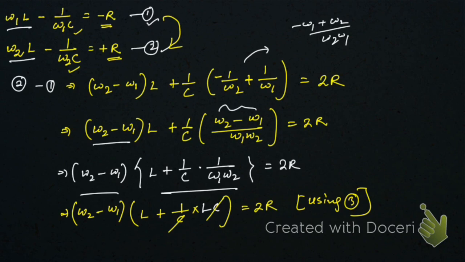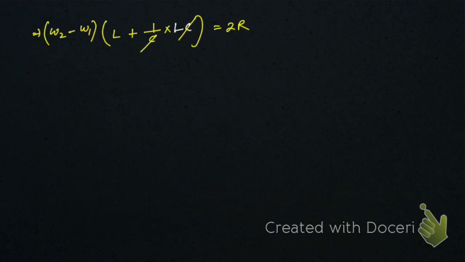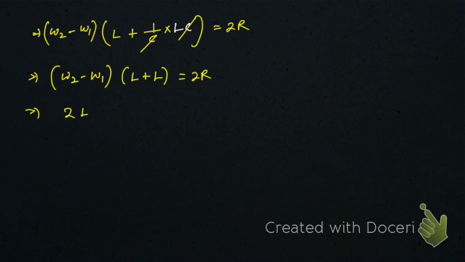Let me go to the next slide. Now we will get omega 2 minus omega 1 into L plus L is equal to twice R. That's equal to twice L into omega 2 minus omega 1 is equal to twice R. Here 2 cancels, and omega 2 minus omega 1 is equal to R by L. That's what we will get.